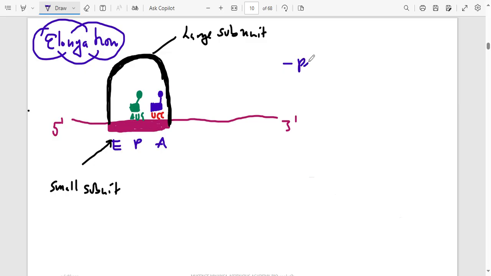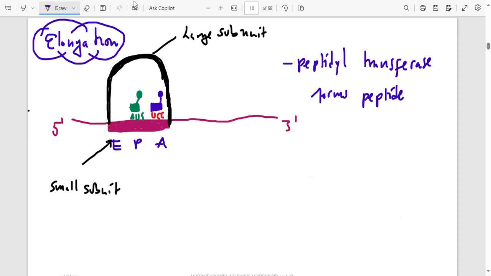Peptidyl transferase forms peptide bonds.